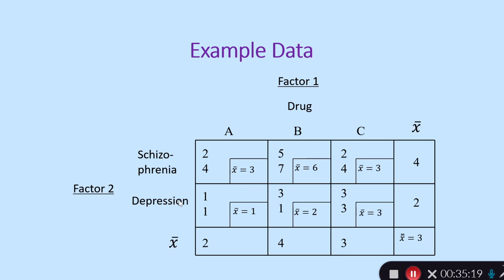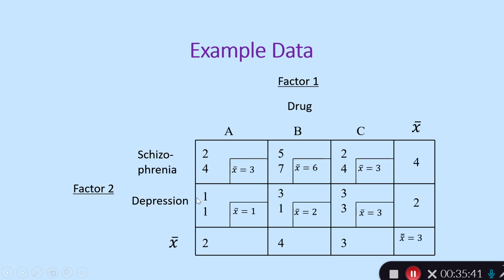So they've got either schizophrenia or depression. Okay, and this is data that someone's made up, and there are only two participants in each of the cells, and their actual scores are given there. So for schizophrenics who take drug A, the first participant got a score of 2, the second got a score of 4.